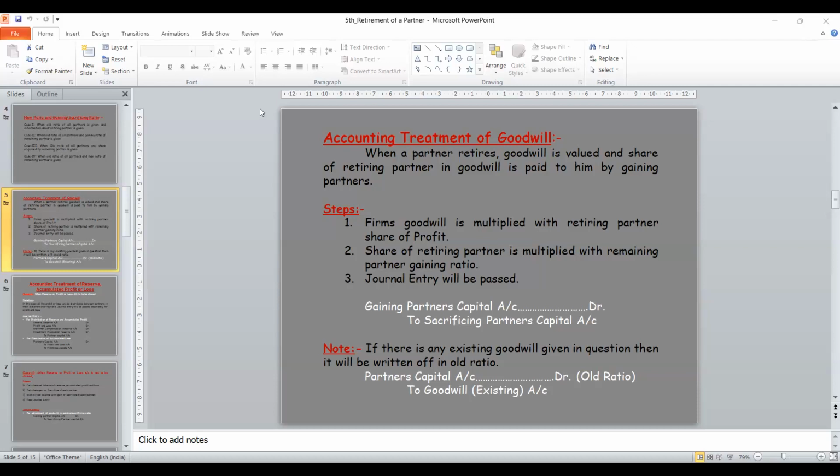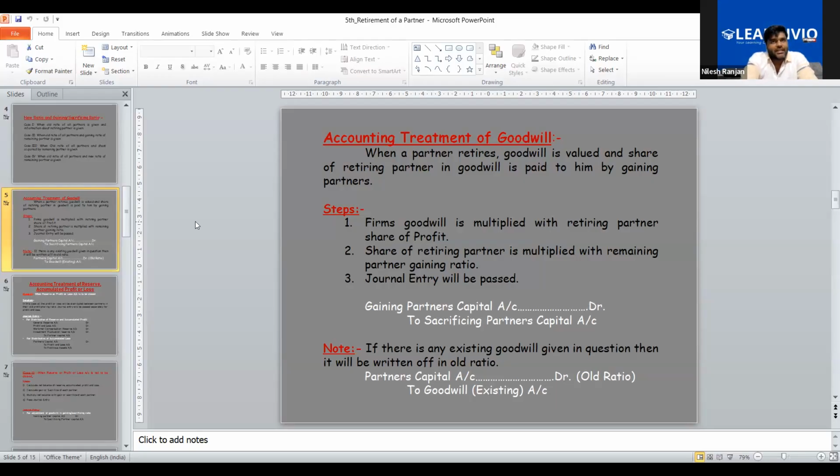The name, purchased goodwill, and I forgot the other, the second one. Okay. Maria, can you tell me? Valued goodwill and existing goodwill.